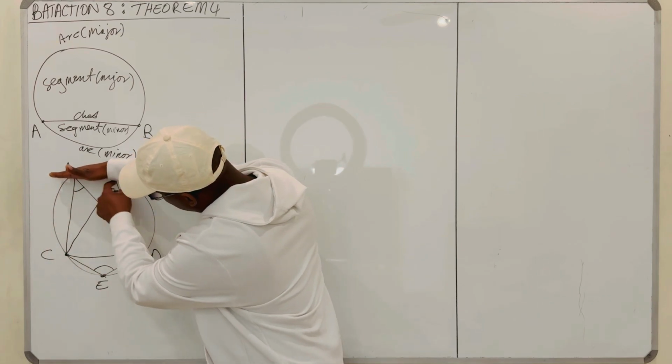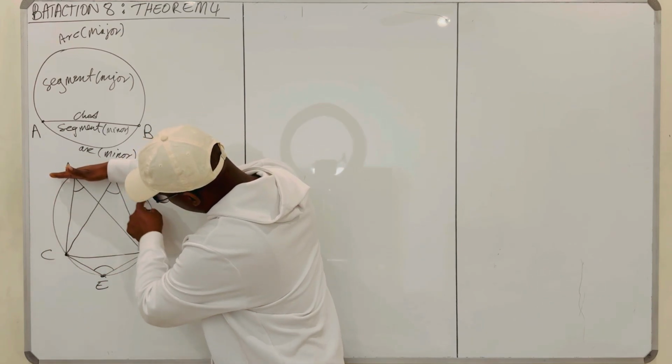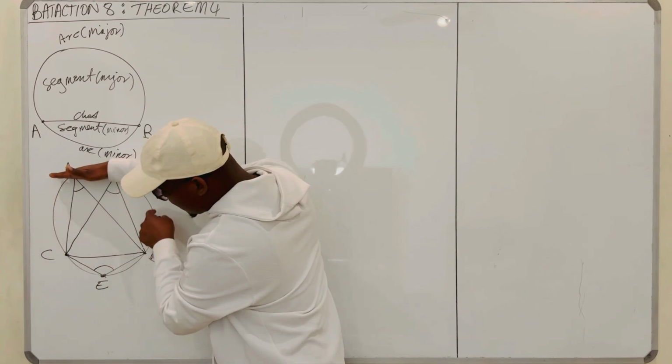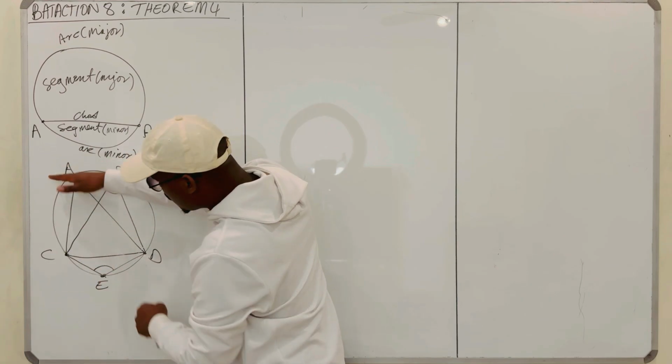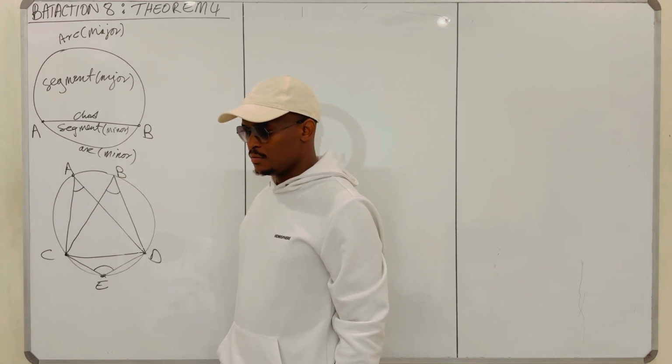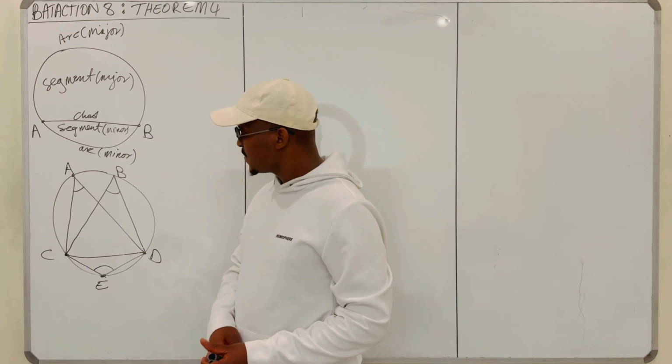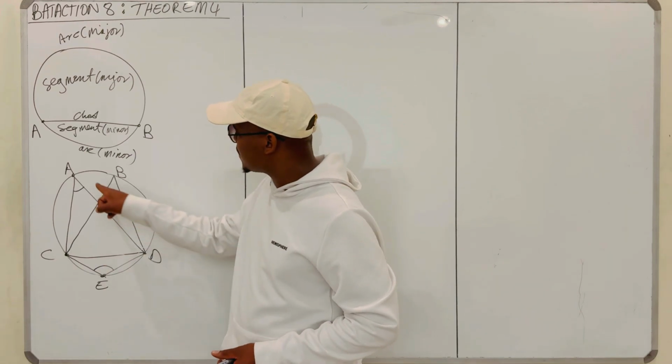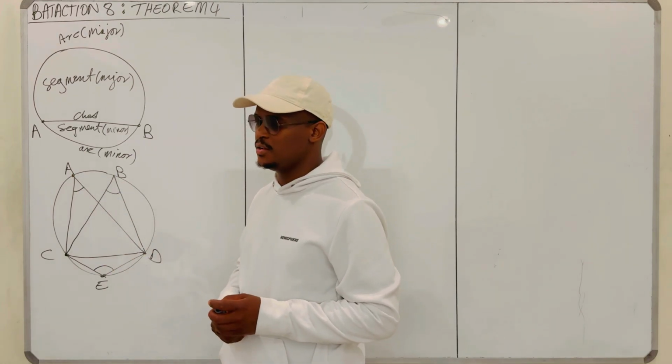So this is a segment as well, if you look at it. This is a segment. Do you understand? Yes. So C and D are angles in the same segment as well. Do you agree? C and D. Yes. They are angles in the same segment because they are subtended by the chord or arc AB.